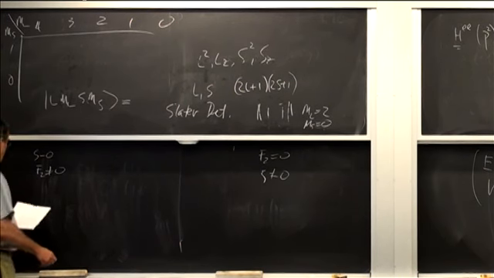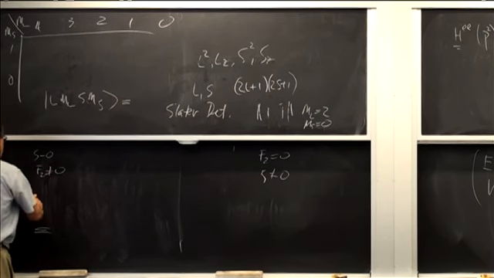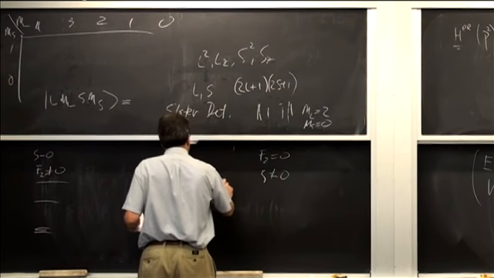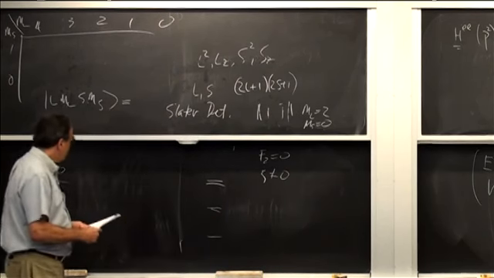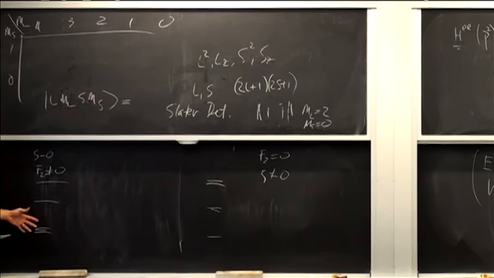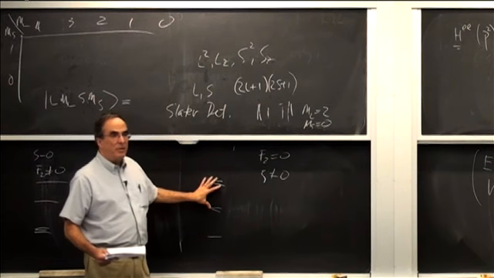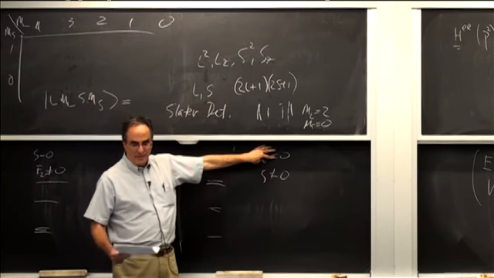So you see, in one case, we have a pattern of 3, degenerate, 1 and 1, and over here we have a pattern of 2, 2 and 1. This is the LS limit, where spin orbit is not important, and this is the JJ limit, where spin orbit is so important that the interelectronic repulsion is not important.